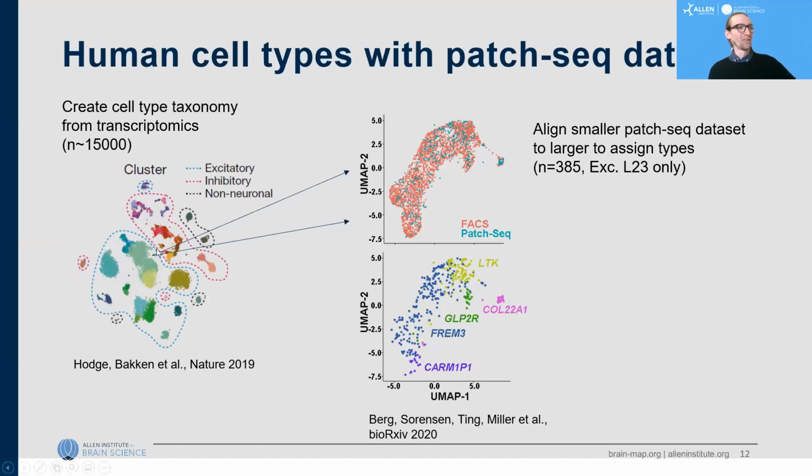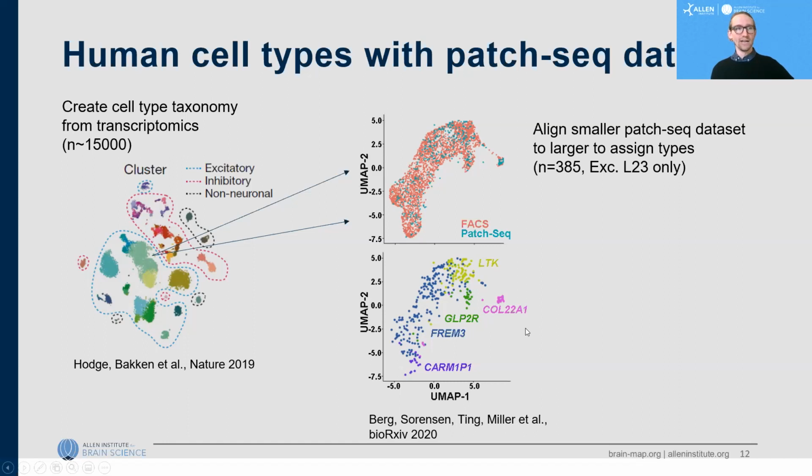So that represents a subset of this cross-layer, cross-type view over here, zoomed in. And the way we deal with that smaller data set, it's not enough to cluster on its own, but we can take advantage of the larger sampling from transcriptomics only and align the smaller data set to the larger. So you see how they're overlaid in the same space here, a subset of this large space.